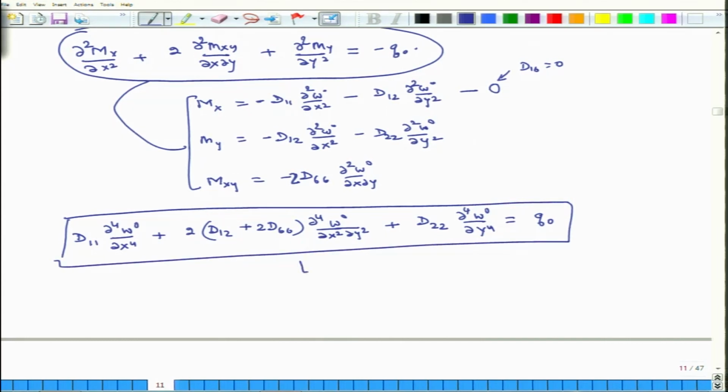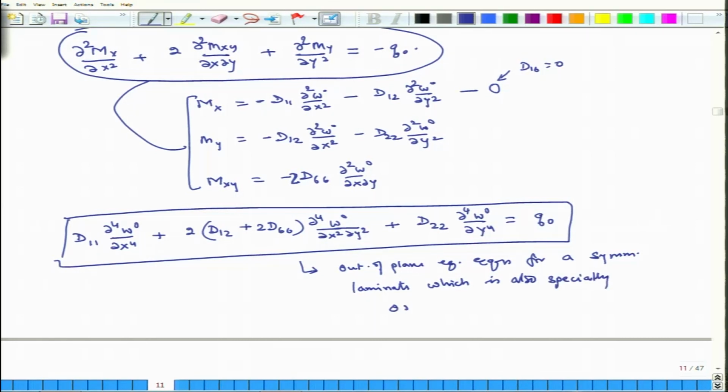This is the out of plane equilibrium equation for a symmetric laminate which is also especially orthotropic.